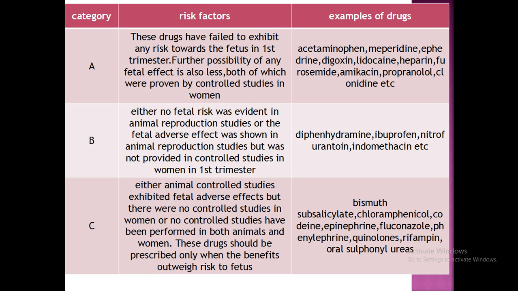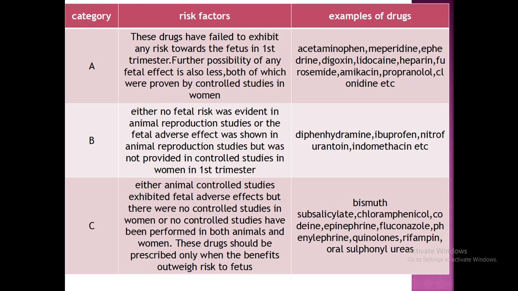Then category B, either no fetal risk was evident in animal reproduction studies, or the fetal adverse effect was shown in animal reproduction studies but was not proven in controlled studies in women in first trimester. Examples of such drugs are diphenhydramine, which is an antihistamine, ibuprofen, painkiller, nitrofurantoin used in UTI, urinary tract infections, indomethacin, which is an NSAID.